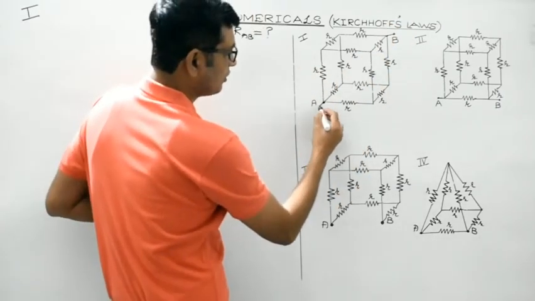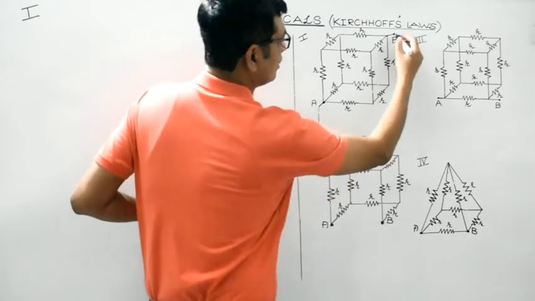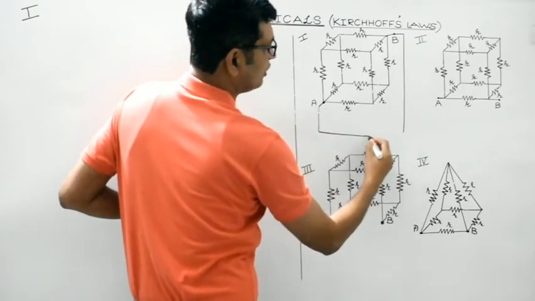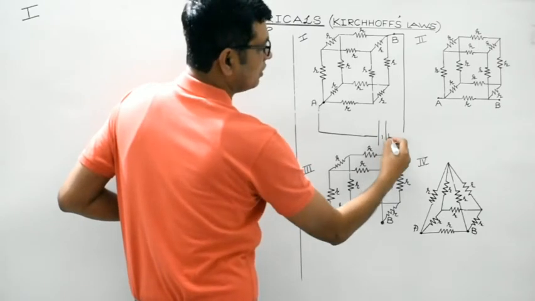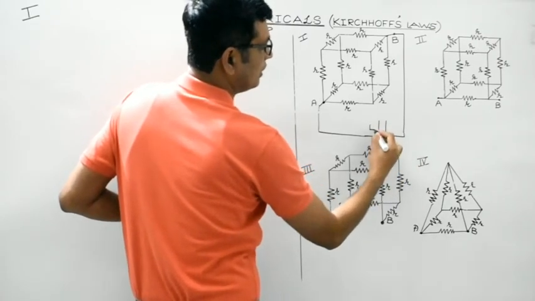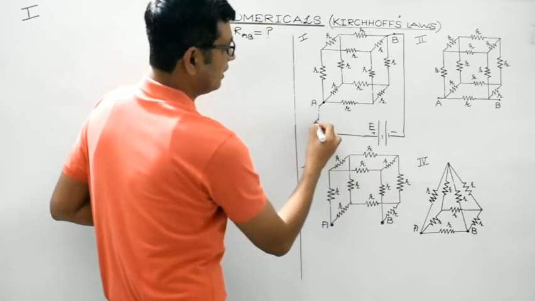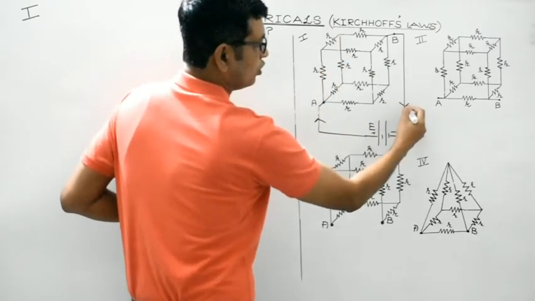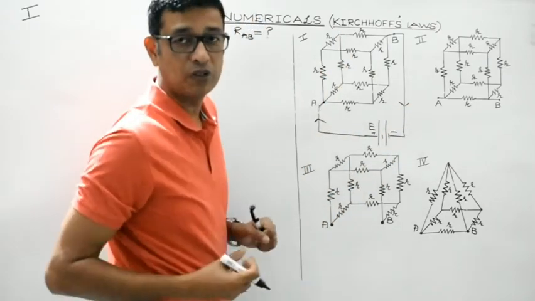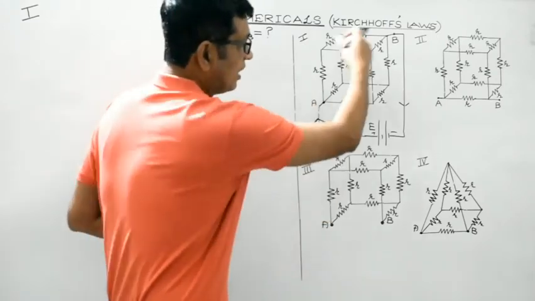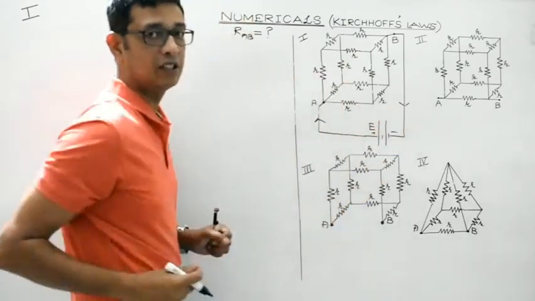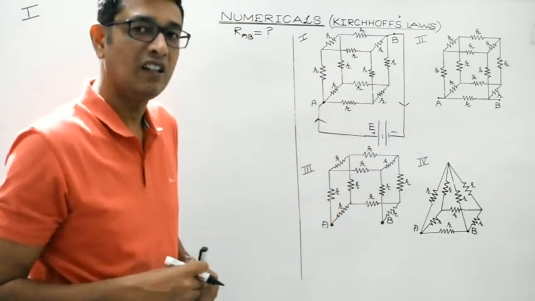The first step is, let us assume a source to be connected across these 2 points. This is a source of EMF E, sending current along this direction. Whatever current is sent through the positive terminal of this battery, the same current must enter its negative terminal. That is when the circuit is said to be completed, right?